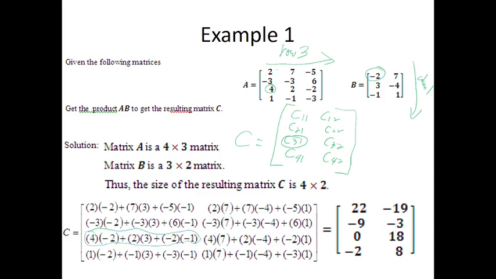Row 3, column 1: 4 times negative 2 plus 2 times 3. Then negative 2 times negative 1. We get 0. I hope you get it, okay?